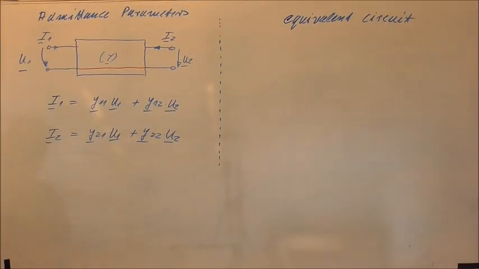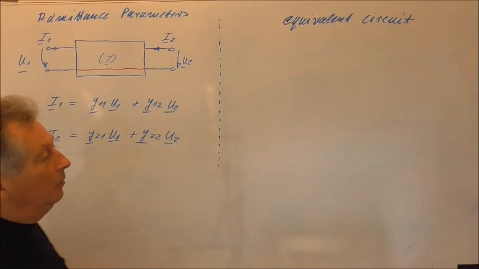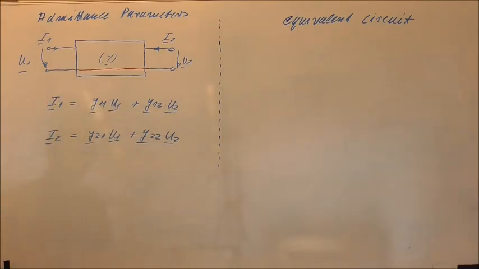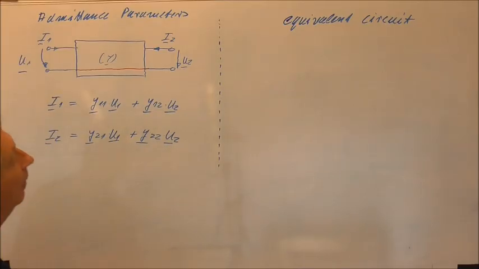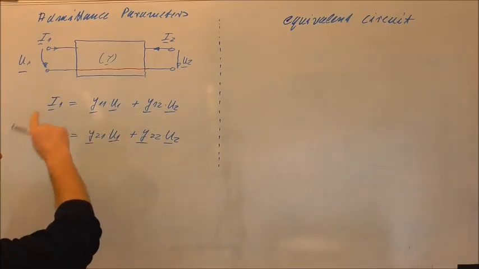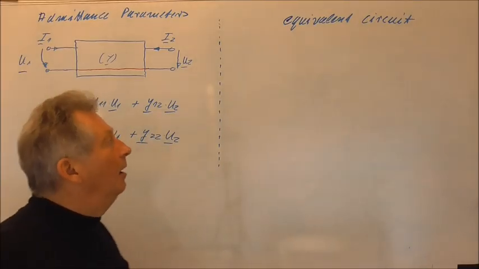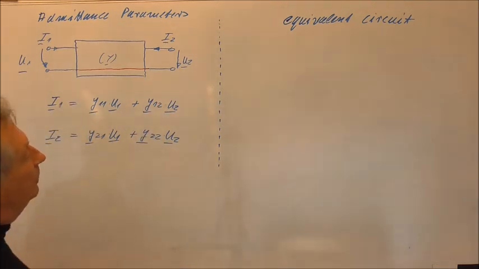As I already pointed out, these are the defining equations for the y parameters, and from a mathematical point of view, these two equations are totally sufficient to describe this quadrupole, but the engineers always like also to have an equivalent circuit which is equivalent to these equations.